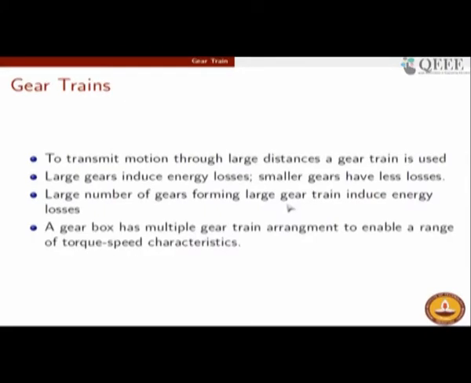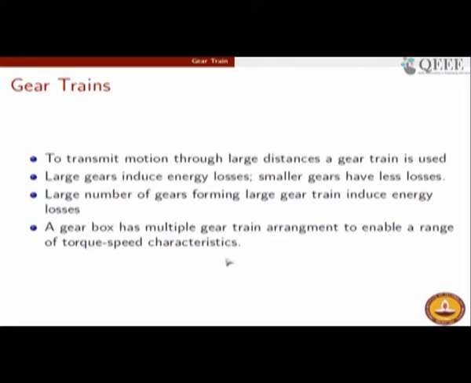Okay, so a gearbox, if you look at our usual automotive gearbox, will have multiple gear train arrangements to enable a range of torque speed characteristics. As was talked about in the introductory lecture, in our automotive application we need various torque speed characteristics. Keeping the engine at the same efficient point, we would like to derive or extract all these torque speed characteristics.